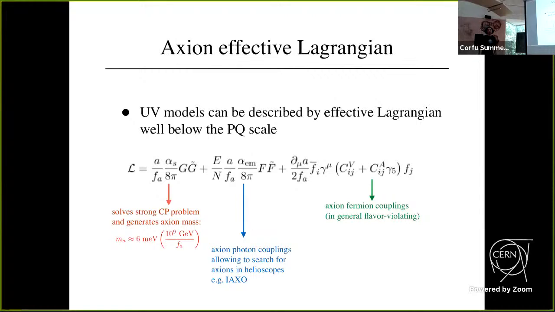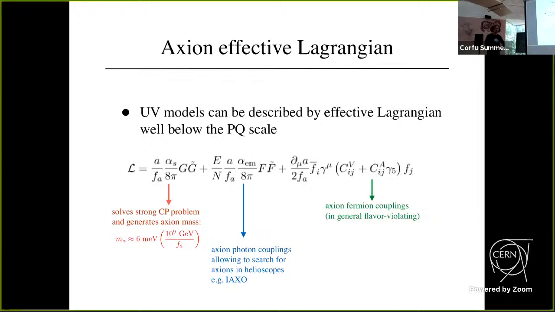So before going to the model, it's helpful to look at the axion effective Lagrangian, which describes UV models well below the Peccei-Quinn scale. There are basically two important terms in this Lagrangian.